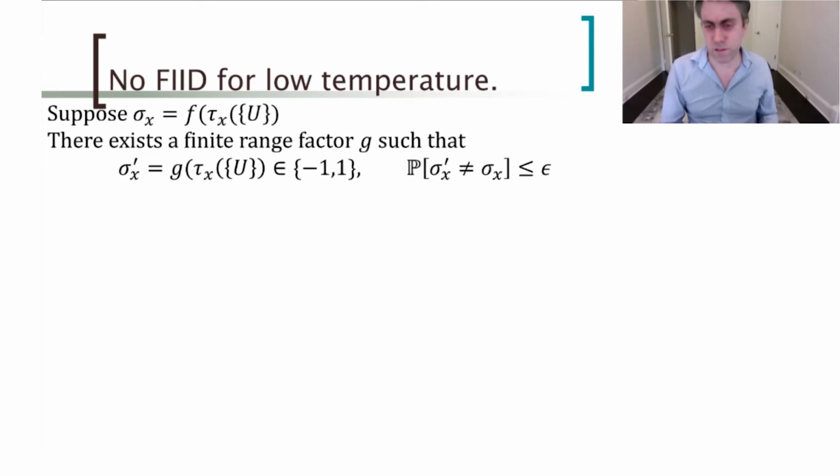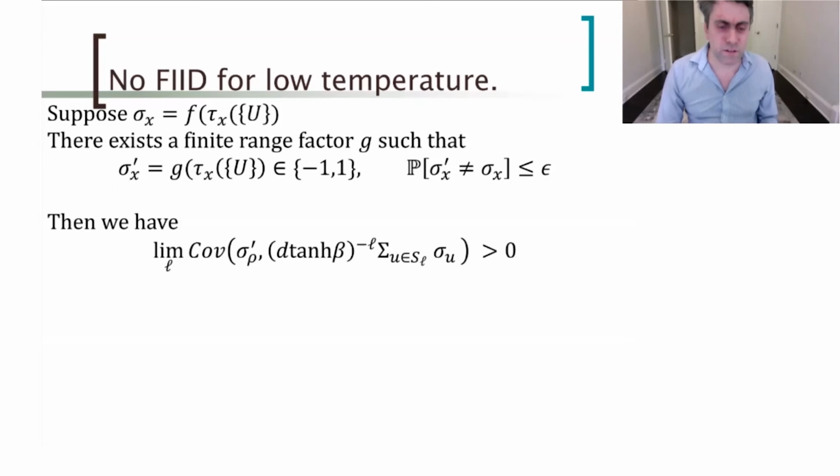So we'll call the output of g sigma prime, and we want the probability that sigma is not equal to sigma prime to be less than or equal to epsilon. And just by measurability of f, there is such a function g. Okay, and so if we replace sigma with sigma prime in this covariance, we'd still get a covariance that was bounded away from 0 in the limit.